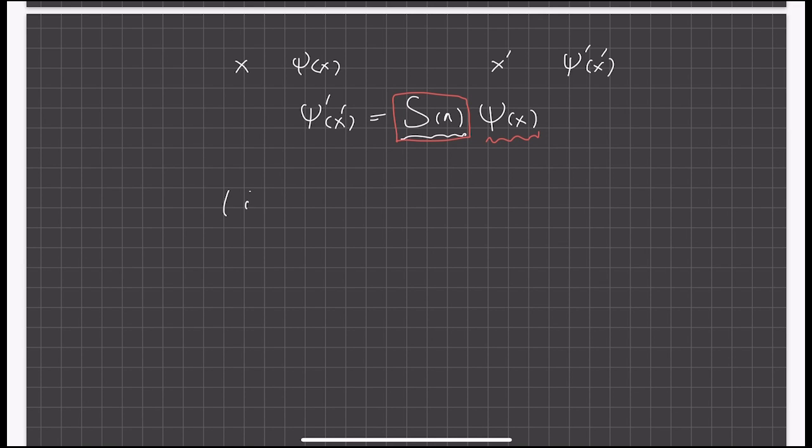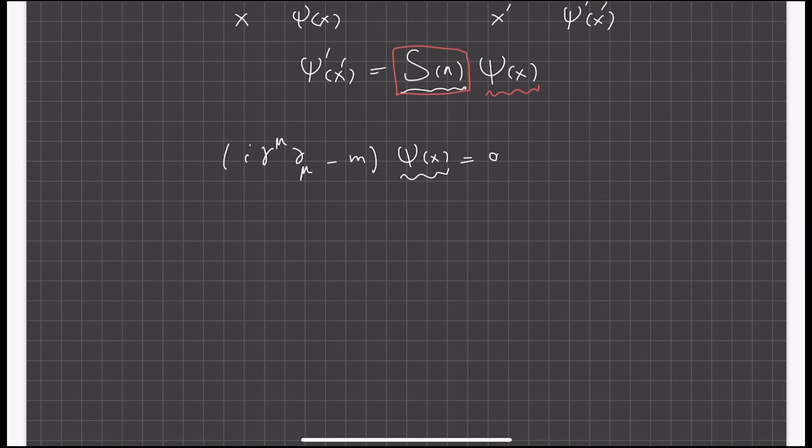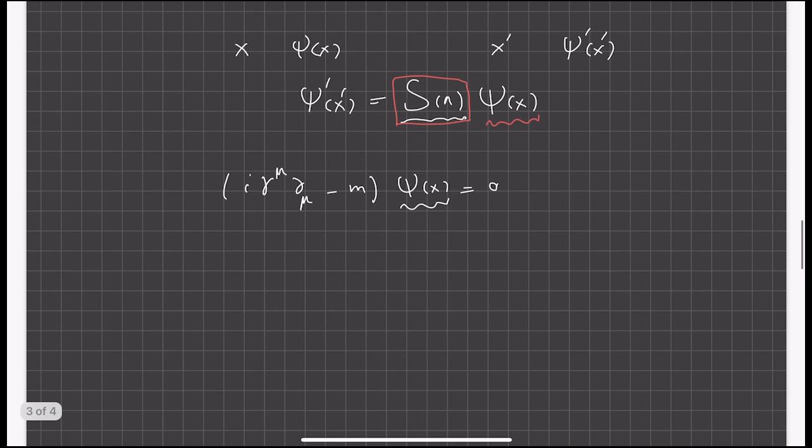So we basically have the Dirac equation. Let me write it down: i gamma mu d mu minus m acting on psi of x is equal to 0. This is where we begin. Then I'm going to write psi of x based on the transformation that we previously wrote down: psi prime of x prime is equal to S acting on psi of x. So psi of x is the inverse of this matrix S of lambda acting on psi prime of x prime.